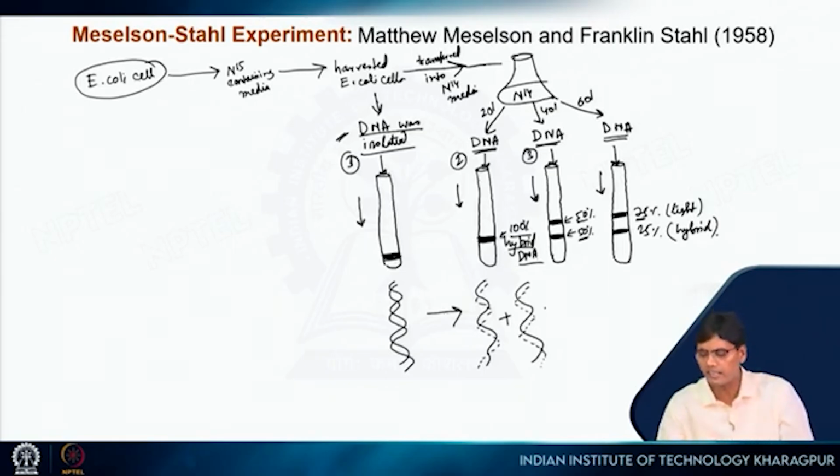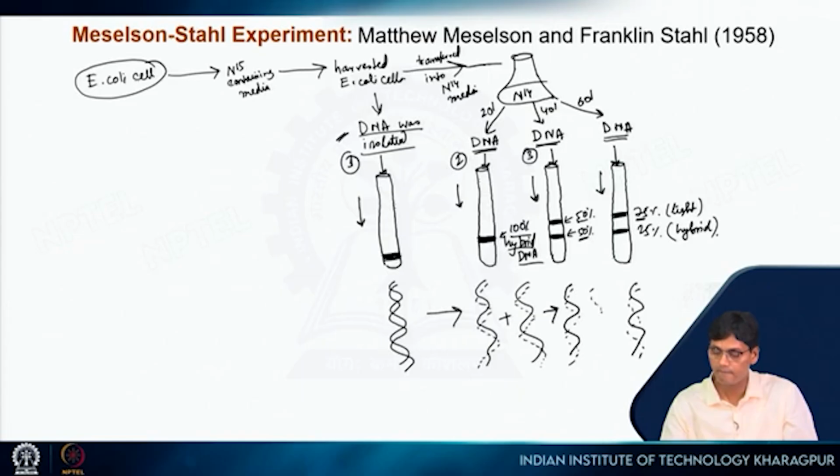And in the next round of replication, here we would see, because now we don't have any more N15 containing DNA, here we have 4 DNA molecules.